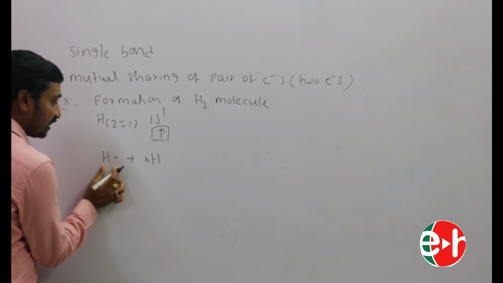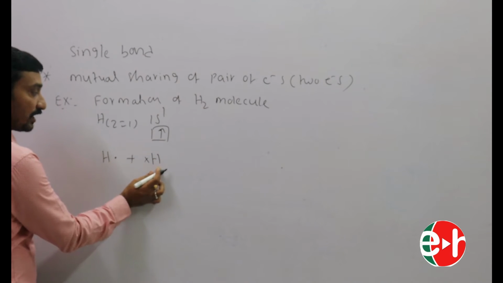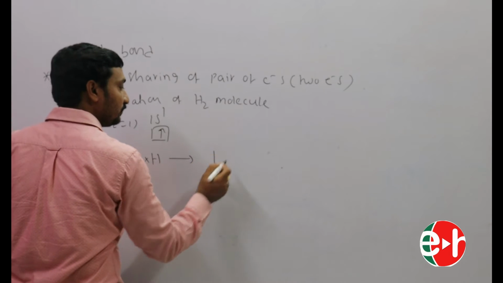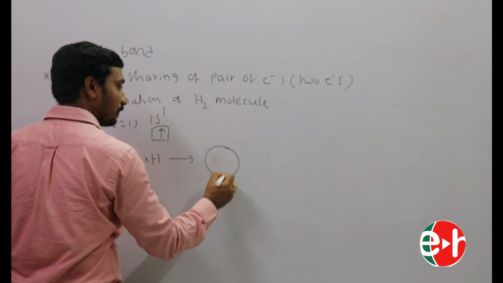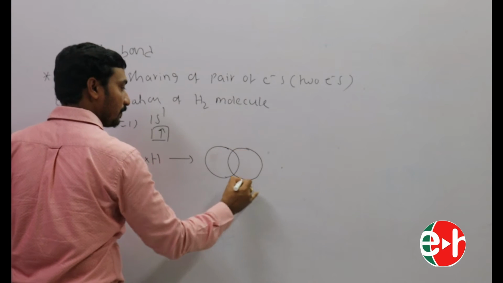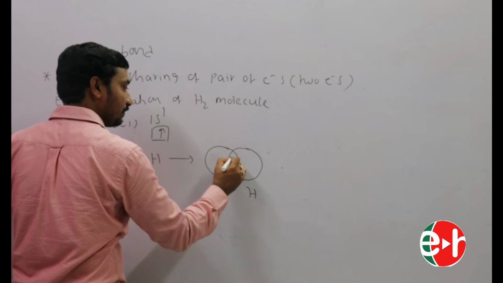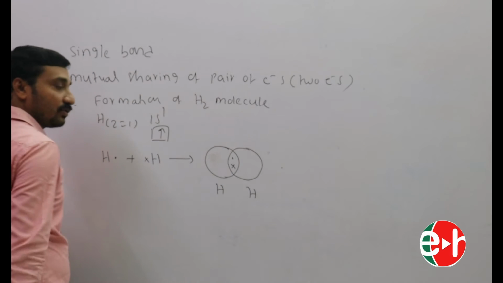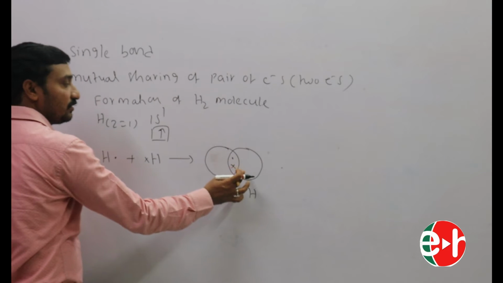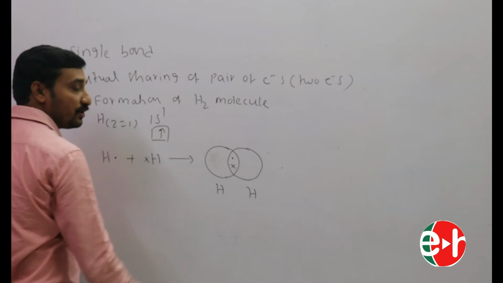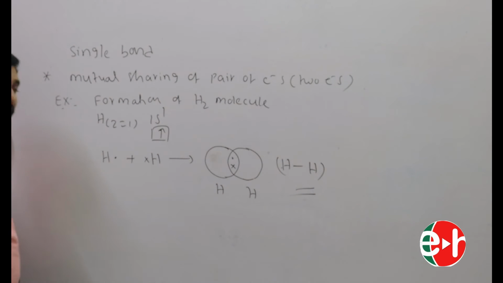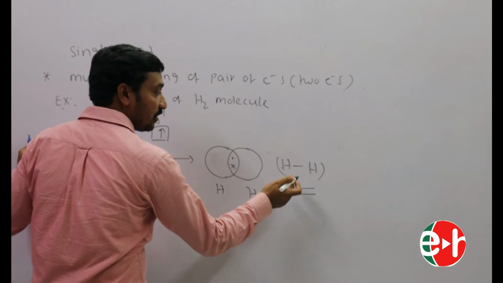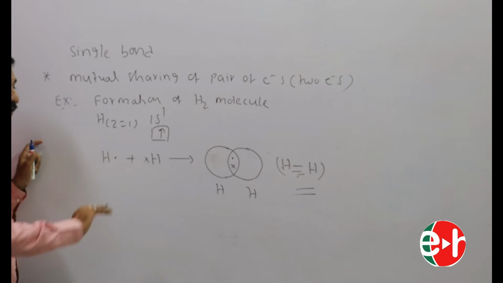So one hydrogen atom contributes one electron, another hydrogen atom also contributes one electron, and they form a bond. This is the bond pair of electrons, mutually shared between two hydrogen atoms, also written as H bond H. So in the formation of H2 molecule, a single bond is formed, one bond between two atoms.